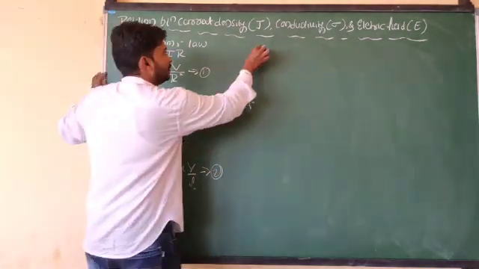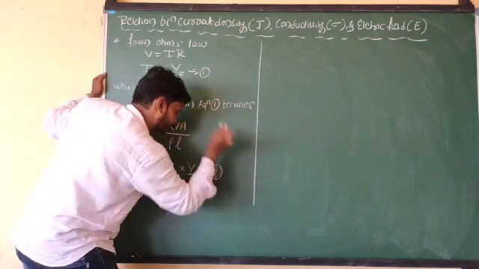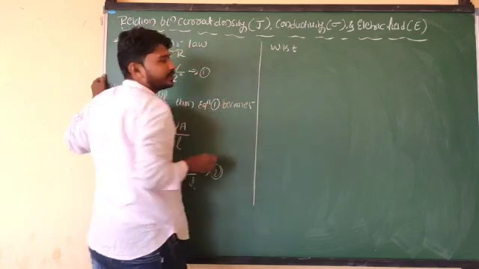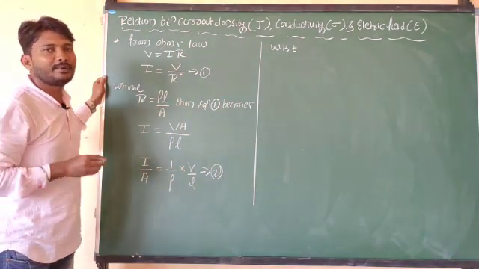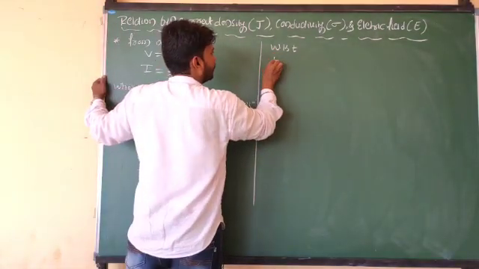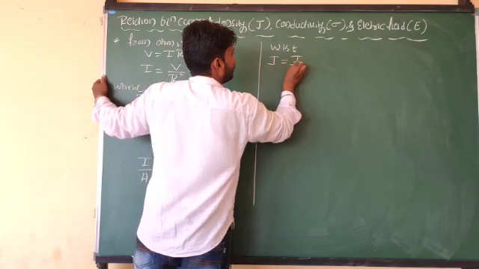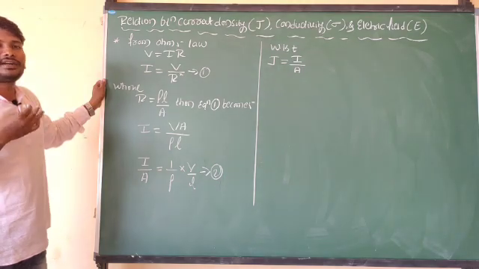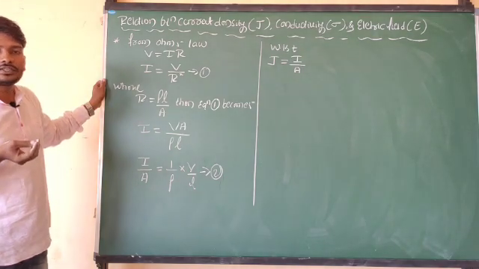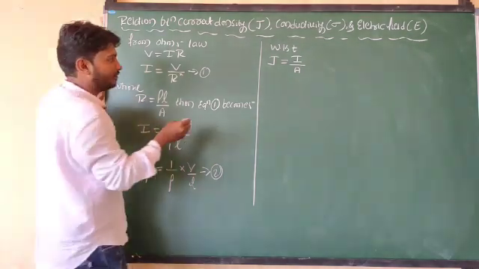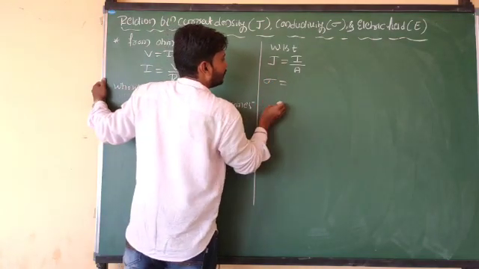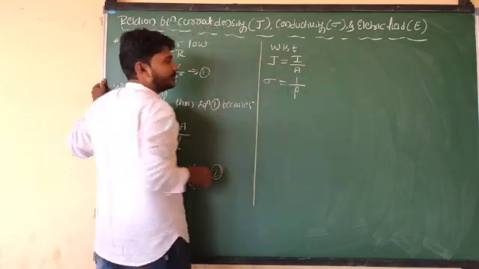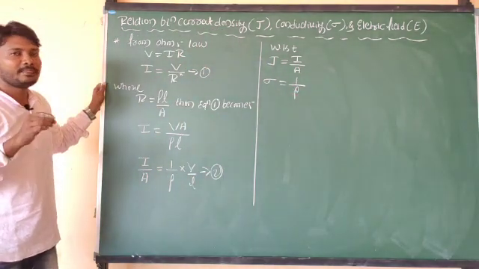Now I will recall the formulas here. We know the current density formula. What is current density? Current per unit area, where J is equal to I by A. Resistivity is the reciprocal of conductivity, which means conductivity sigma is equal to 1 by rho.